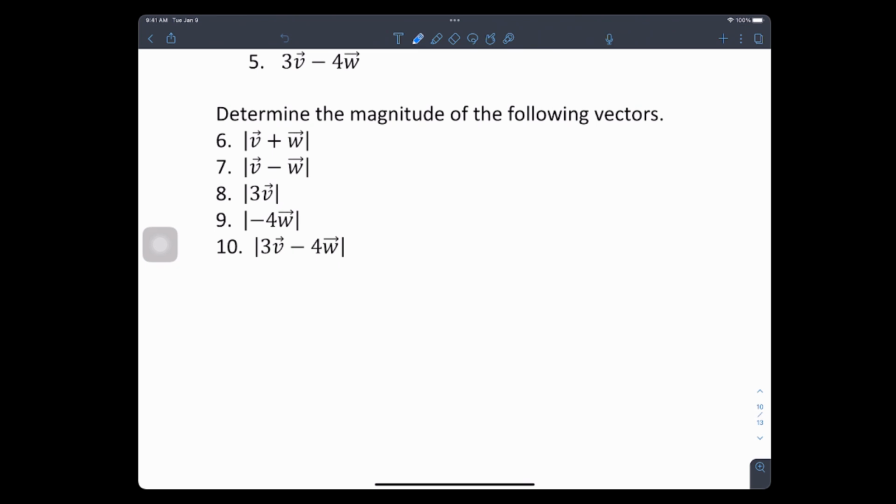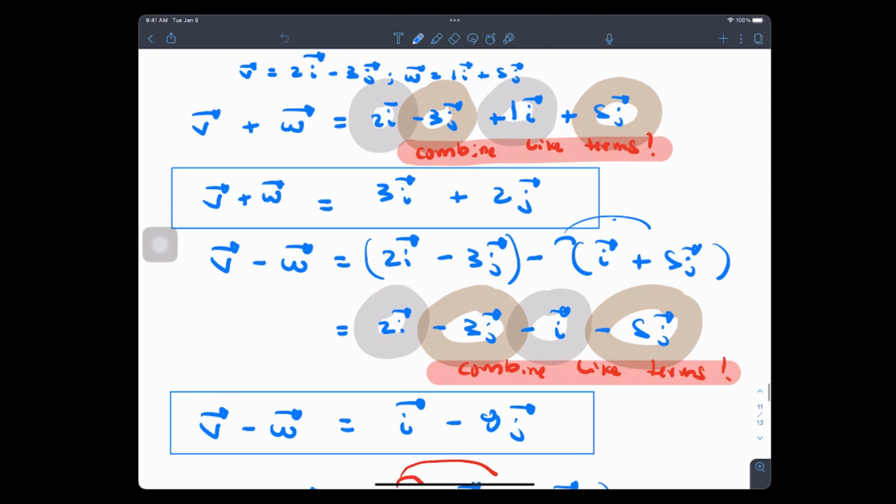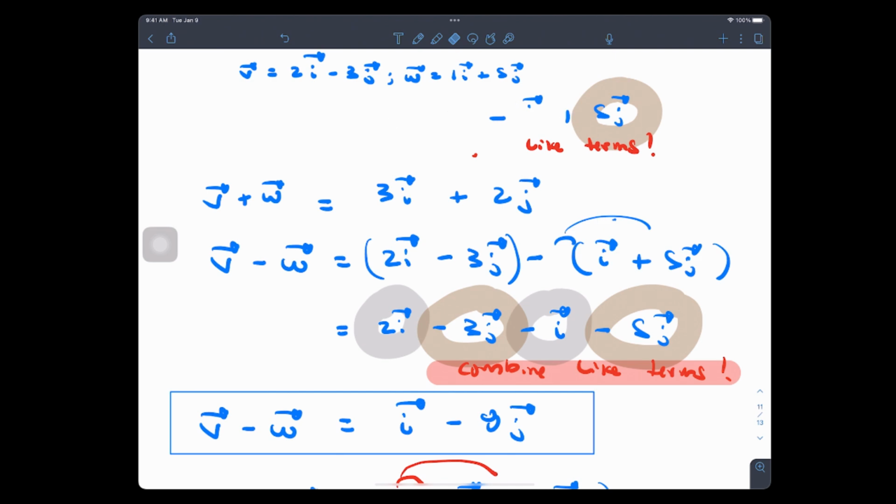It's very simple. Like the first one, what was the vector sum? Isn't that 3I plus 2J? Right? Can I erase all of this here? It's in our notes. Yeah, let's erase it. We already have that. Hey, we could go back and rewatch the video if we wanted, right?